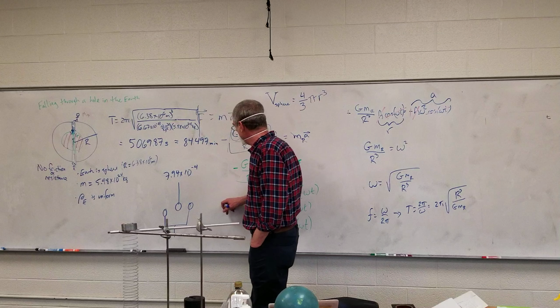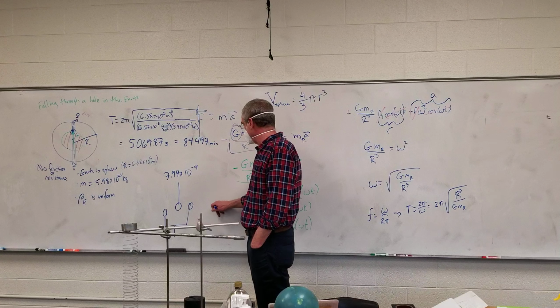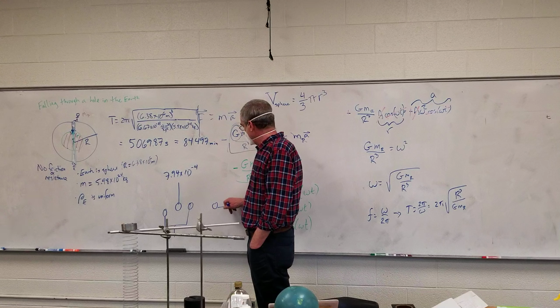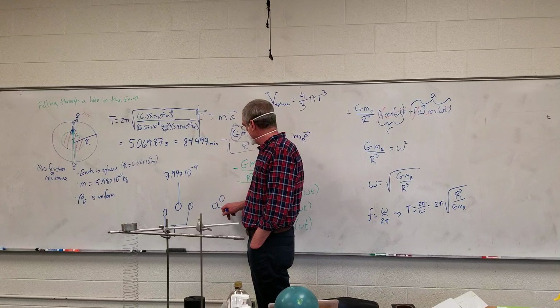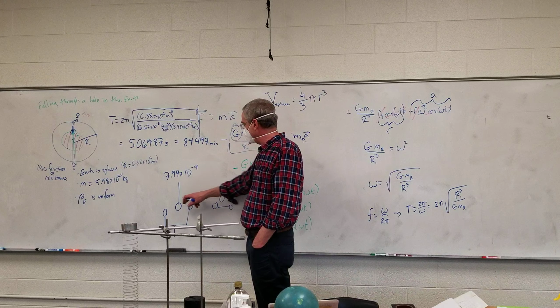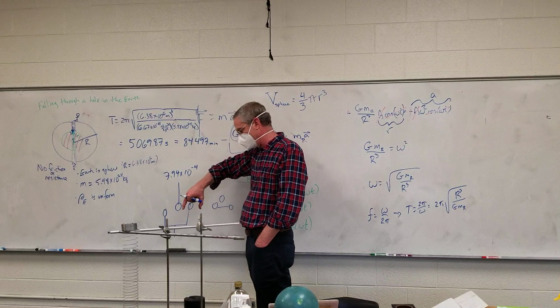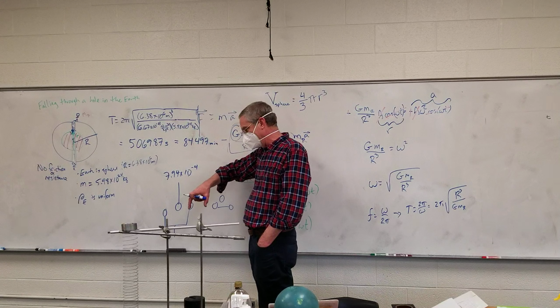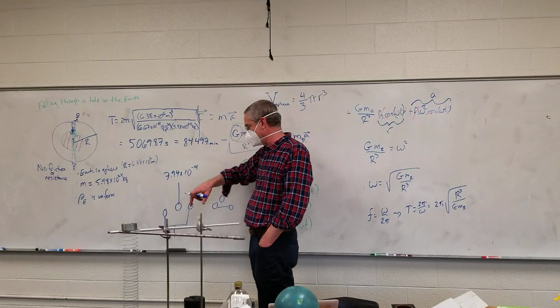So from an overhead point of view, you've got the two masses. He had it set up so that this would twist, and they knew how much force it took to twist this thread.